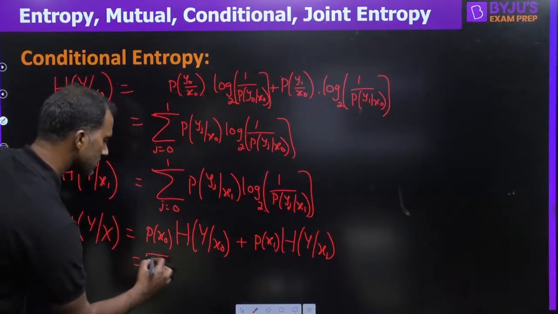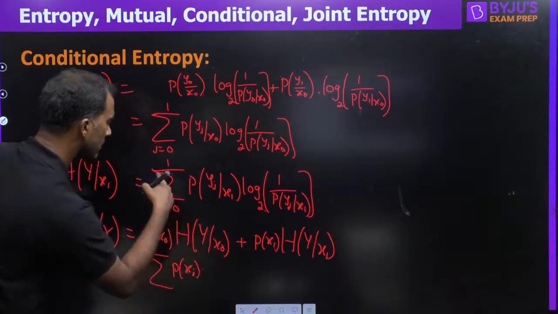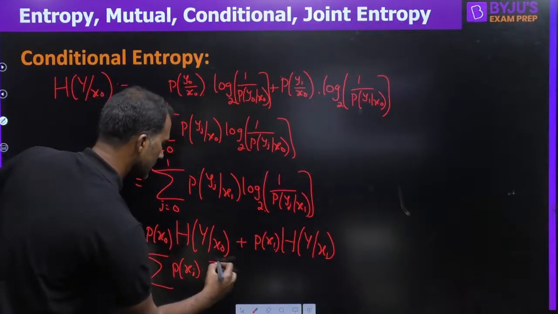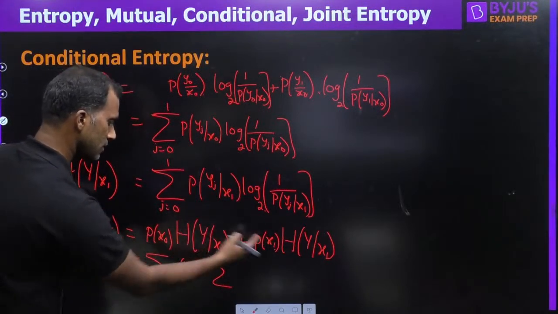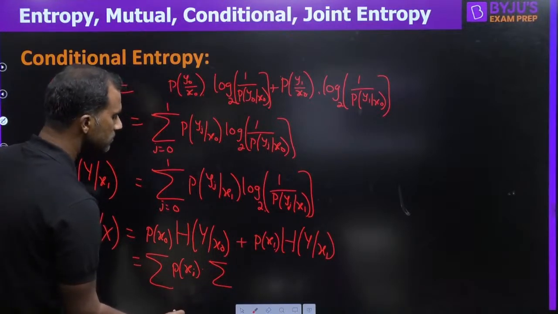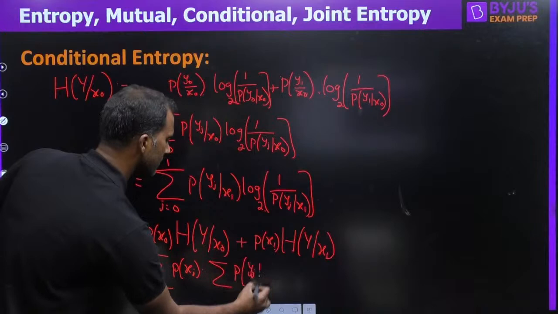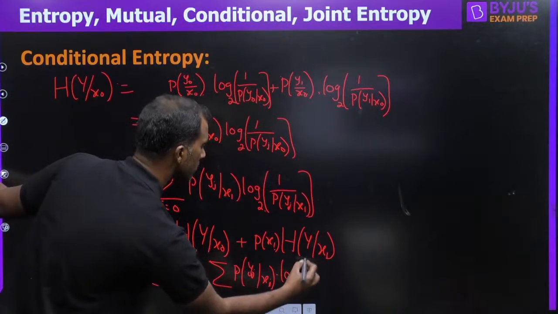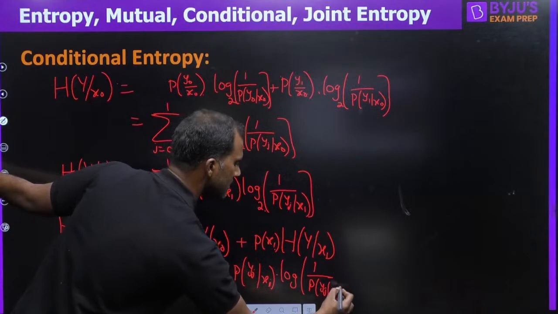So let us simplify this. Sigma P of xi into, we know the stuff regarding this. What is it? It is sigma, these two together we have written as P of xi, into P of yj, these two together, yj given xi into logarithm of 1 by P of yj given xi.